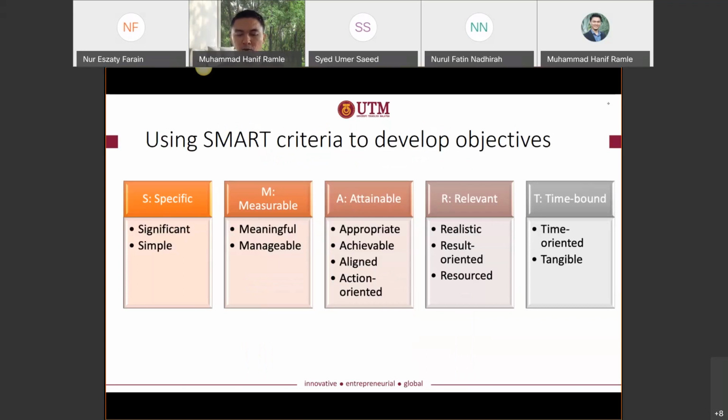Okay, so how to develop an objective? This is the way that I normally show to my students. You may have to use the SMART criteria. S stands for specific.